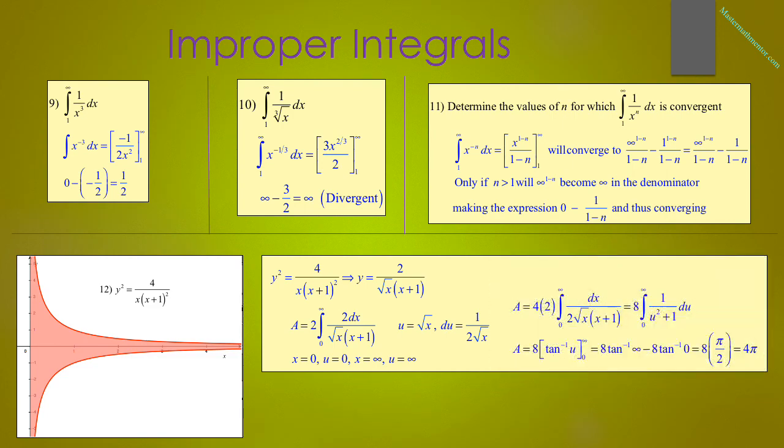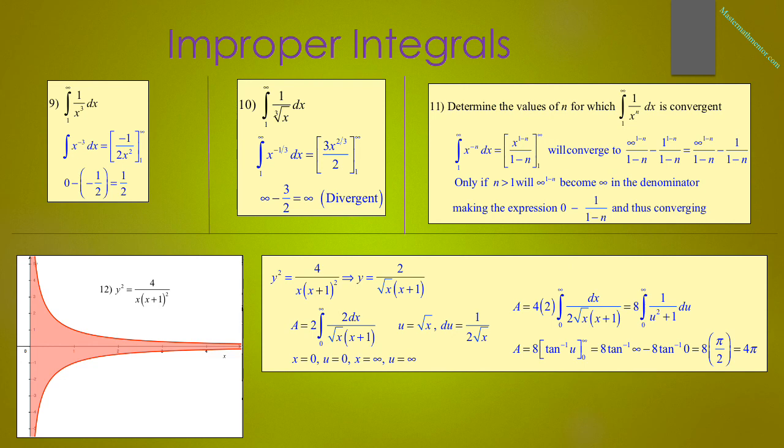The integration is clever. First of all, we will multiply the 2 times 2 and get 4. We also need a 2 in the denominator to get our du, so we will multiply also by 2 in the numerator. And we end up getting 4 times 2 integral from 0 to infinity of dx over 2 square root of x times the quantity x plus 1. x plus 1 is simply u squared plus 1.